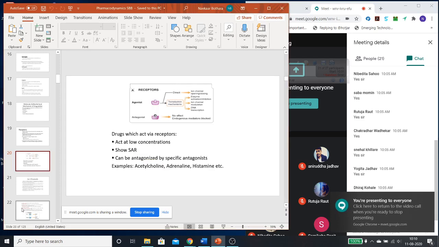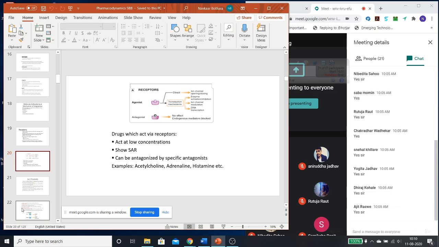Now we have seen the definition of agonist and the definition of antagonist. Agonists are drugs which have both capacities, that is, they have affinity and intrinsic activity. Because of this they can cause action directly.